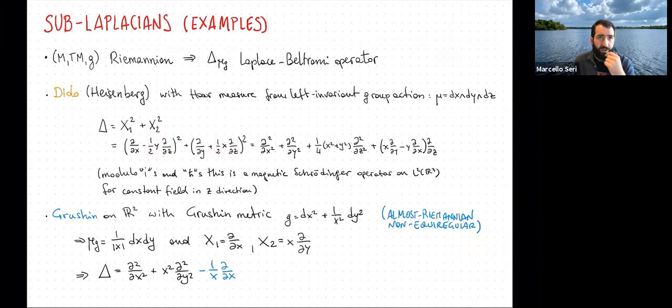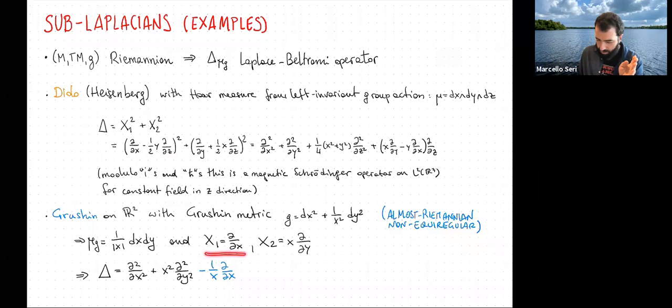I was mentioning it during the break and during the talk that there are people who study these examples because they want to study properties of magnetic Schrödinger operators. If we consider Grushin, this is almost Riemannian, in the sense that it's a manifold that is Riemannian if you are away from the singular set, the one in which you lose one dimension in the distribution.